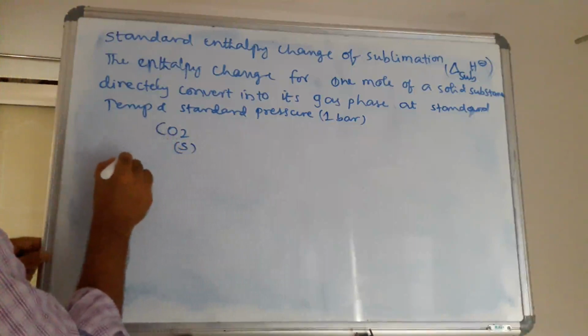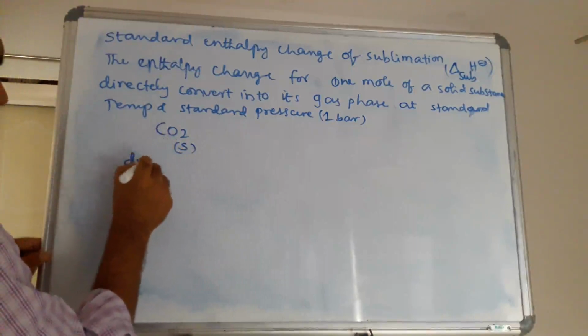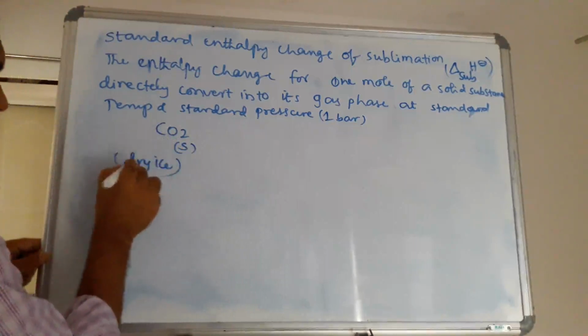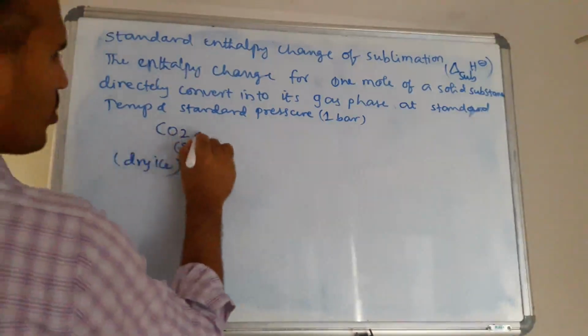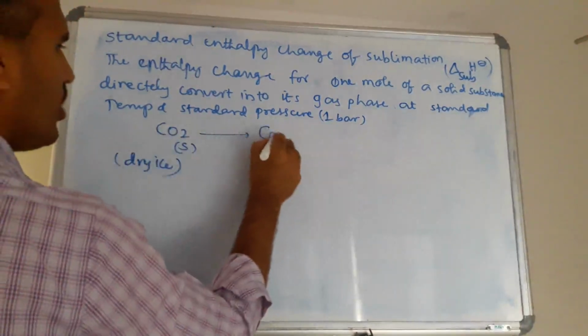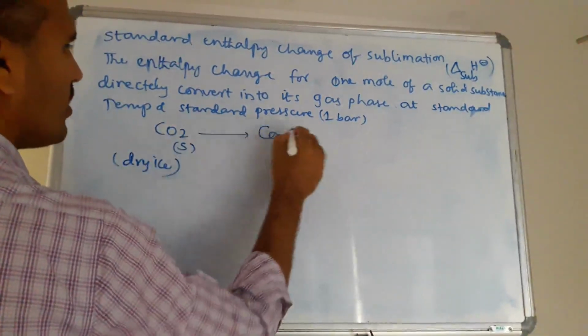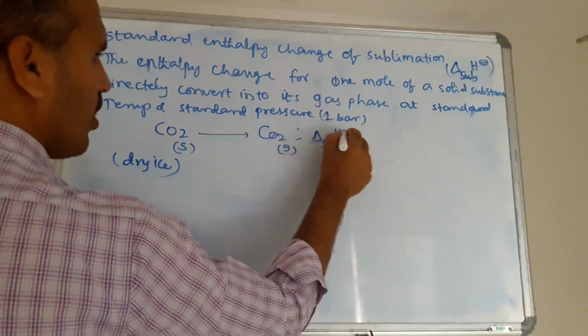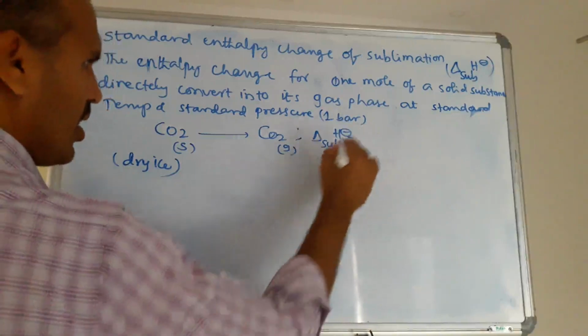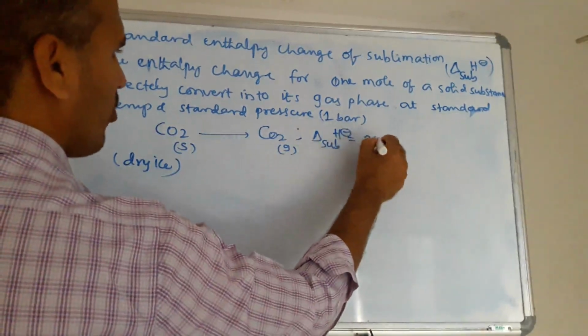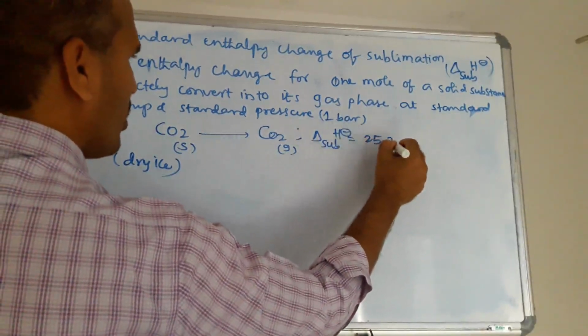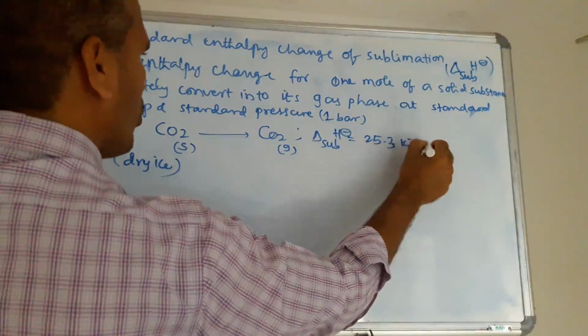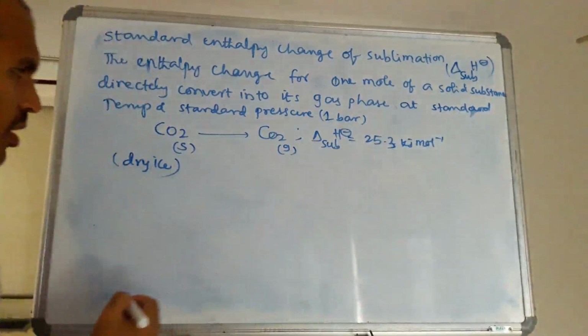Solid CO2 is known as dry ice. Very, very important. Solid CO2 is directly converted into CO2 gas. Its enthalpy of sublimation is nearly plus 25.2 or 25.3 kilojoule per mole.